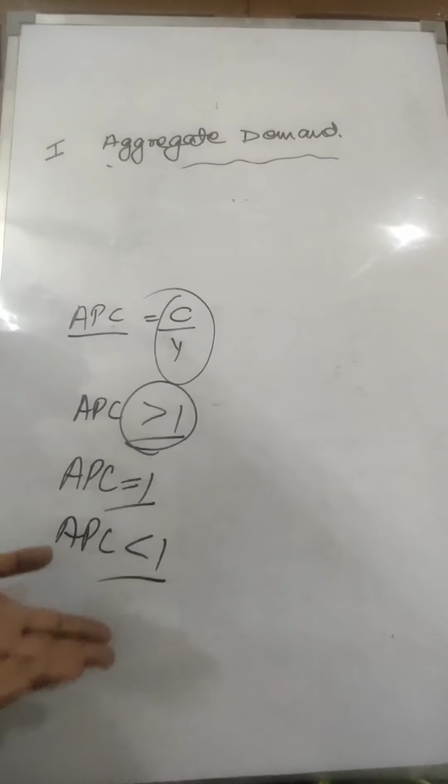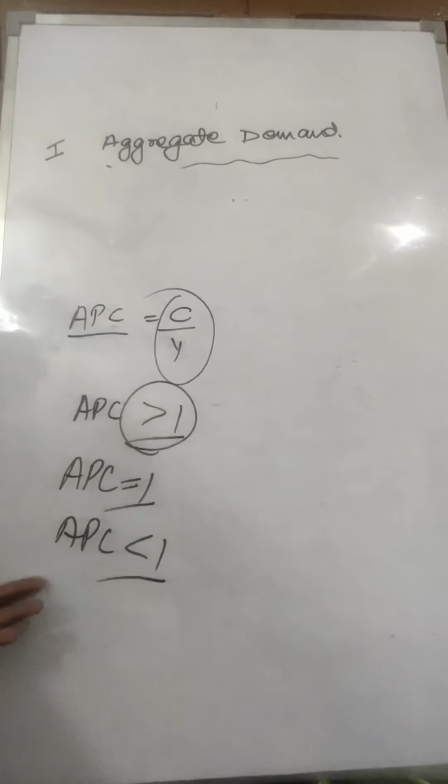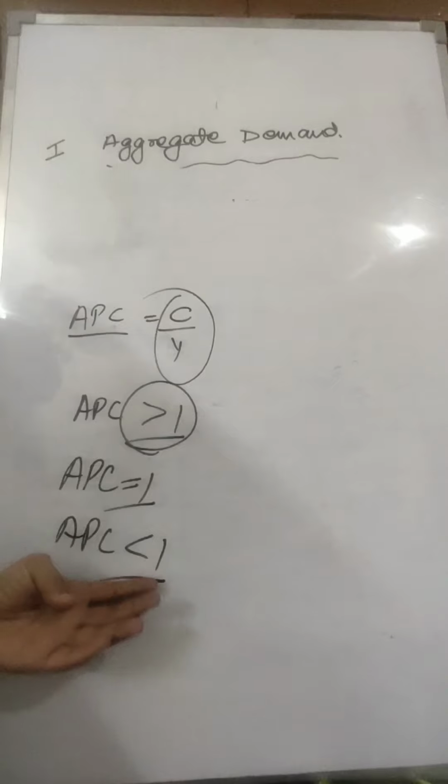It's not necessary that all of what they have in their income is consumed, or they are saving. Mostly their income is consumed. And when we are talking in terms of rich people, it's never possible that they consume all their income.